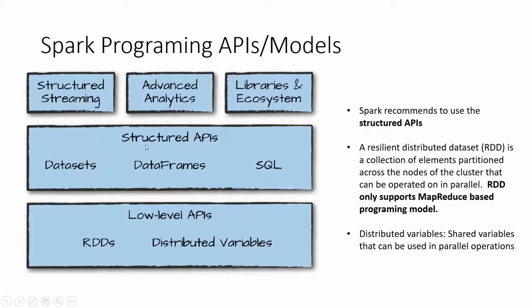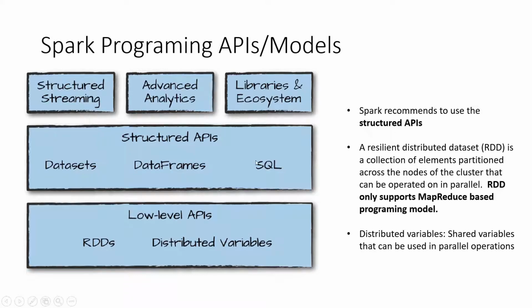Then the structured APIs have three main concepts. One is called dataset, but the Python version does not support the dataset. Then the data frame, which is the one we will use. A data frame is conceptually similar to a Pandas data frame, but it's a distributed object.